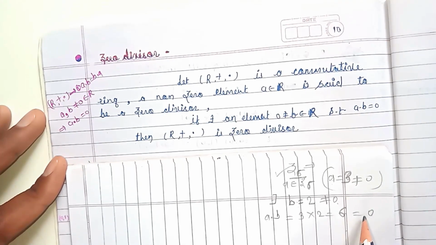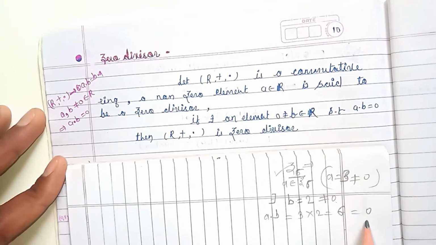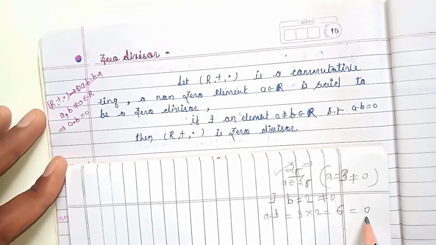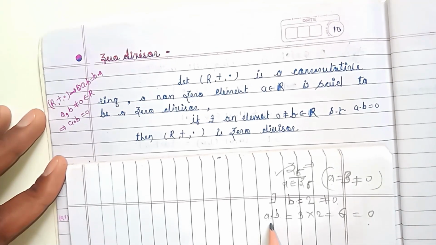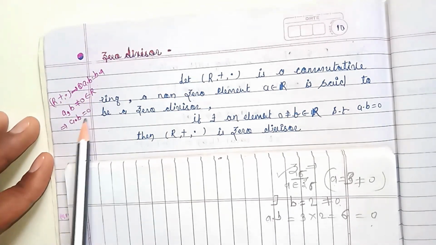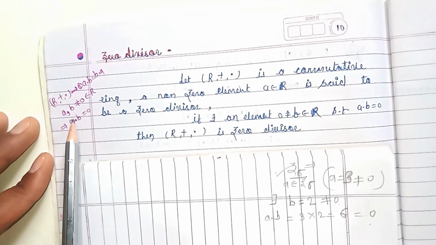So this is the definition of a zero divisor. With this short example I explained the definition. A non-zero, B non-zero, their product is 0, so A is a zero divisor of our ring. R under addition and dot is a commutative ring, A and B need to be non-zero elements of the ring, and their product AB needs to be 0.